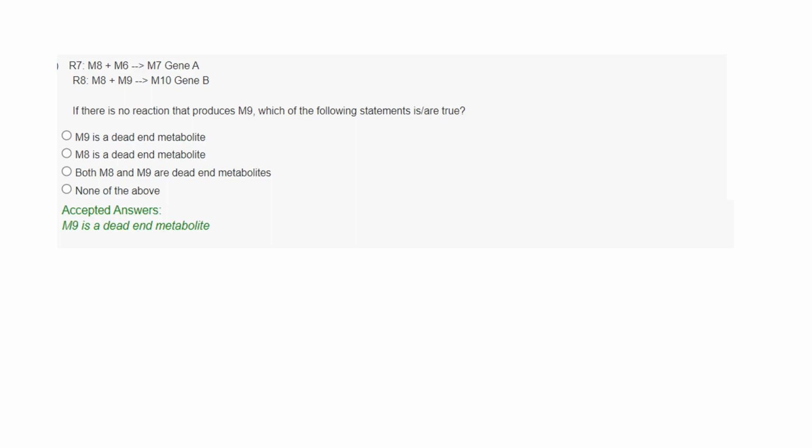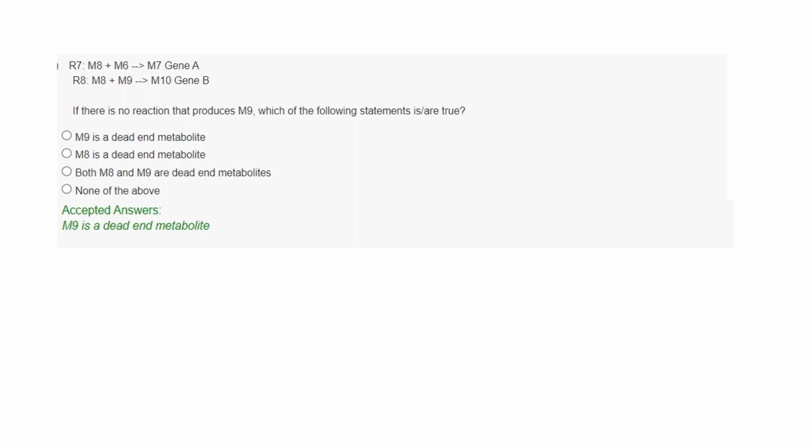M9 is. But actually, my thought process is the same, but at the same time, M9 is also being consumed, right, in a way. But since it's not getting produced, it will be dead end. But I was thinking, if this is the whole system, wouldn't M8 also be a dead end metabolite?